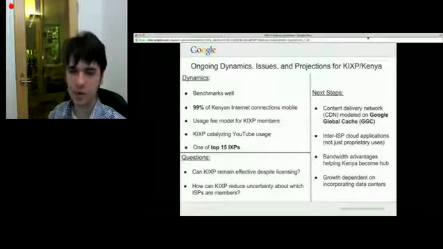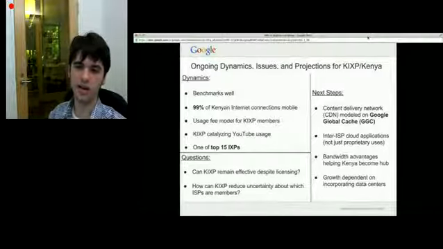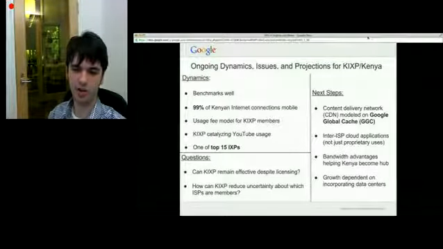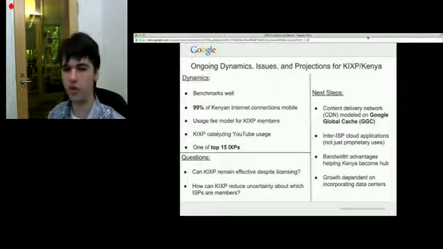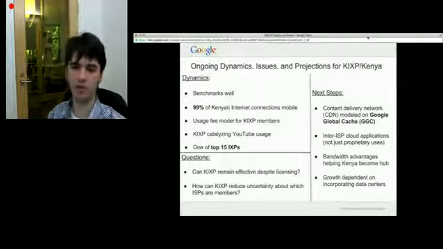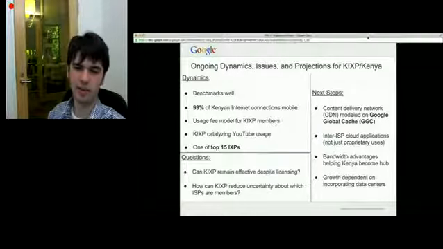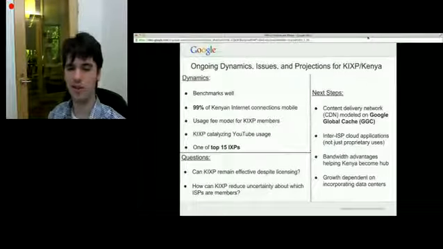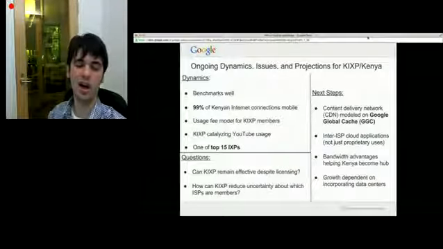There's another content delivery network that's seeming to be onboarded in Kenya, that would be modeled on the Google Global Cache that I mentioned earlier. Hopefully, next steps will include more inter-ISP cooperation on cloud applications, and not just for mobile banking or proprietary usage.